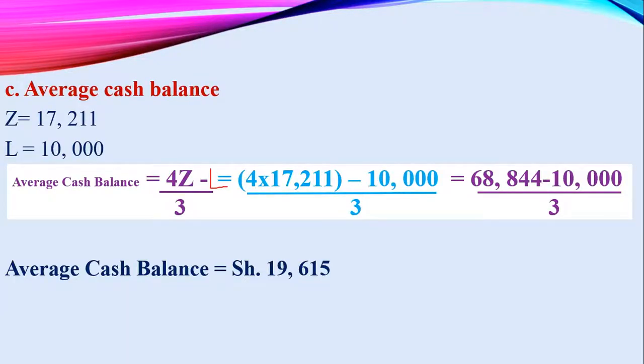That L was missing there. So on replacing that, we already have our Z, the optimal or target cash balance, which was 17,211. Of course, we have our L as 10,000. So you replace that and you get the average cash balance as 19,615.